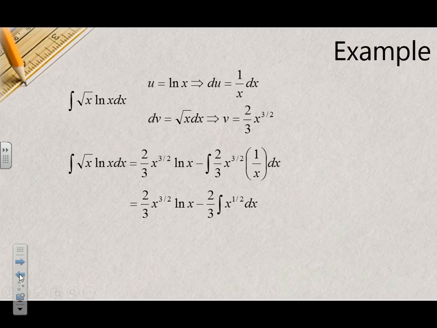And so now we can integrate x to the 1/2 dx, by getting another 2/3 x to the 3/2. But we already had a 2/3 out front, so that's going to become 4/9 x to the 3/2 and then plus c.